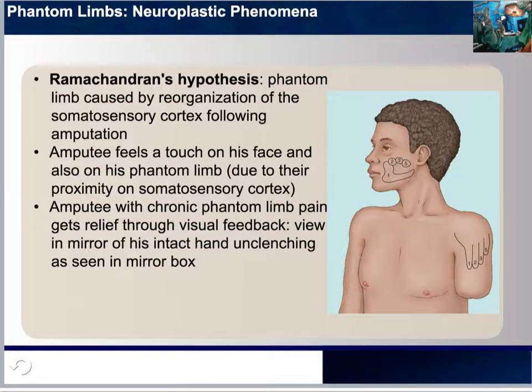This was a box that was divided into two by a vertical mirror. And Philip was told to put his good right hand into the box through the hole in front and view it through the hole in the top. When he looked at his hand, he could see it in its mirror image.